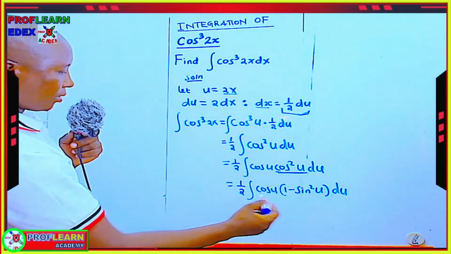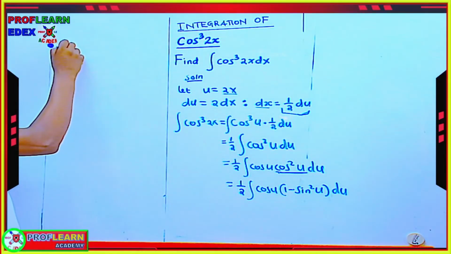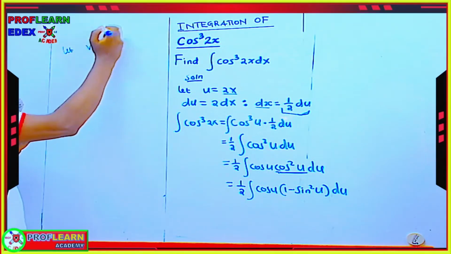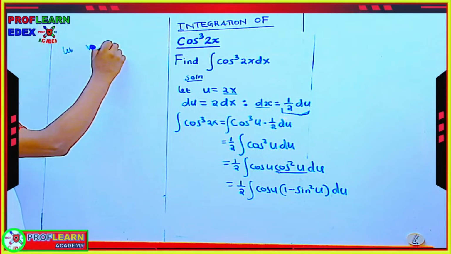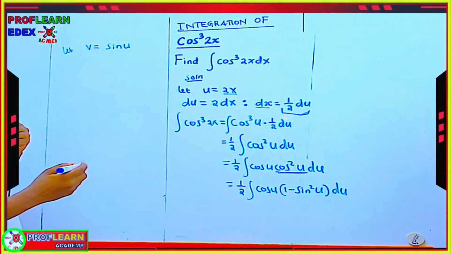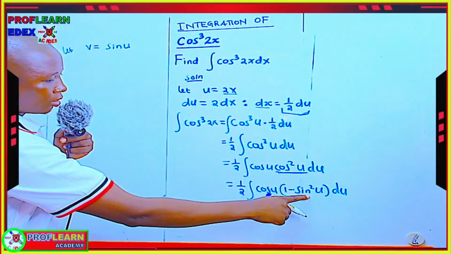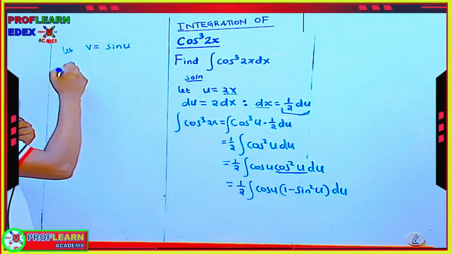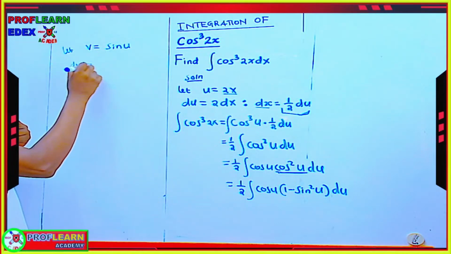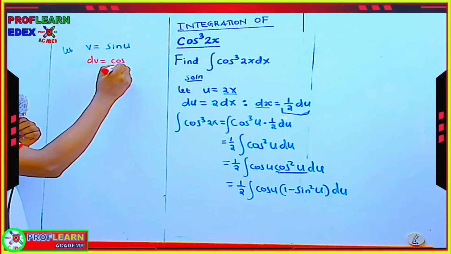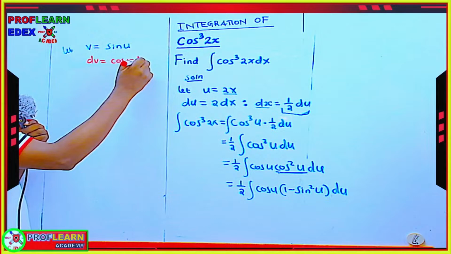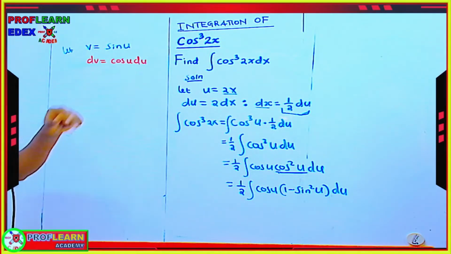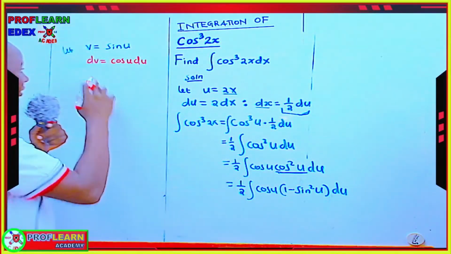At this point, we can let v be equal to sine u. Then anywhere we have sine u, we're going to put v, and dv equals cos u du, meaning that anywhere we have cos u du, we can replace that with dv.